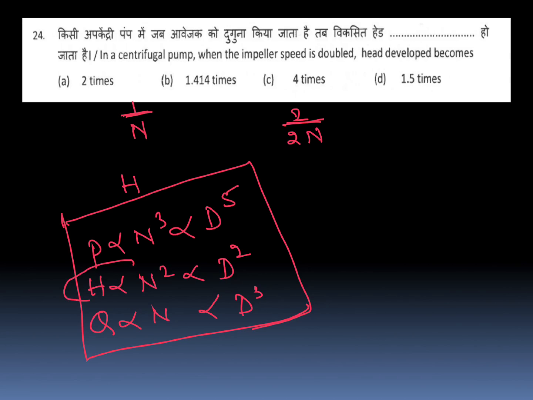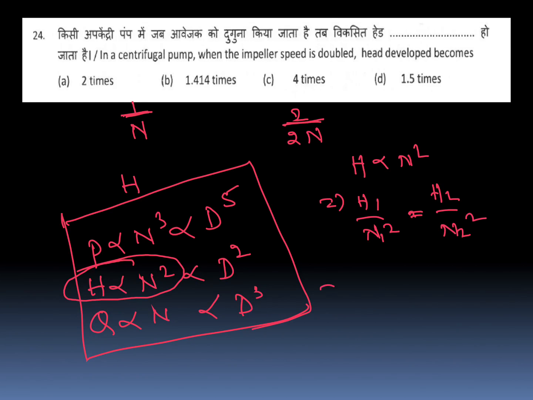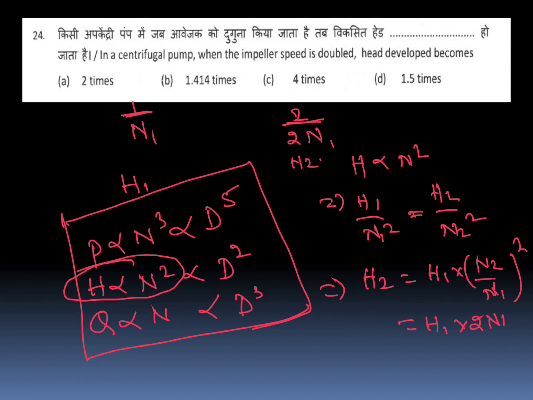H is proportional to n squared, or h1 by n1 squared equals h2 by n2 squared. h2 equals h1 into (n2 by n1) whole squared. n2 is double n1, so 2n1 divided by n1, squared, n1 cancels, giving 4h1.